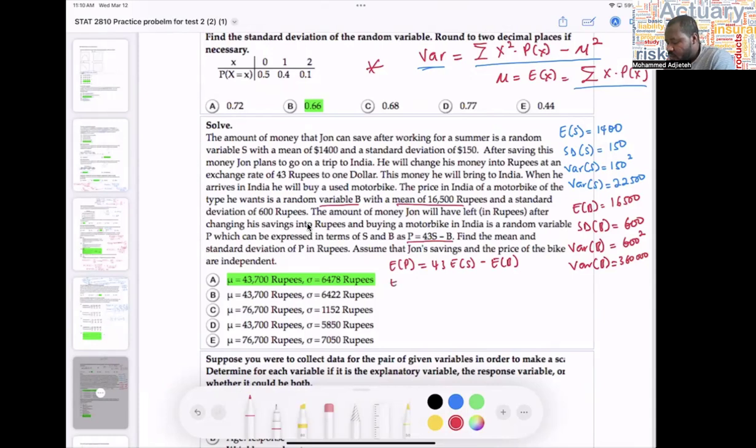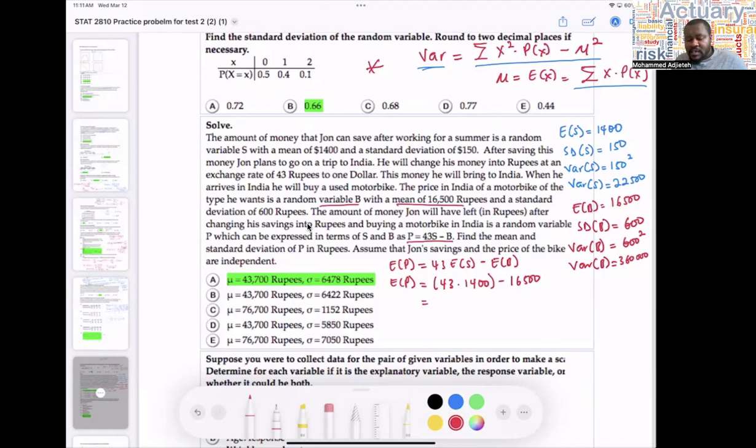So expectation of P is equal to 43 times E of S, which was 1,400, minus E of B, 16,500.